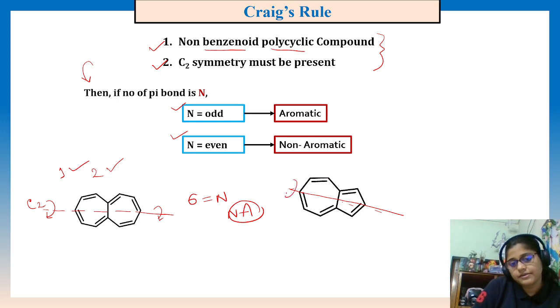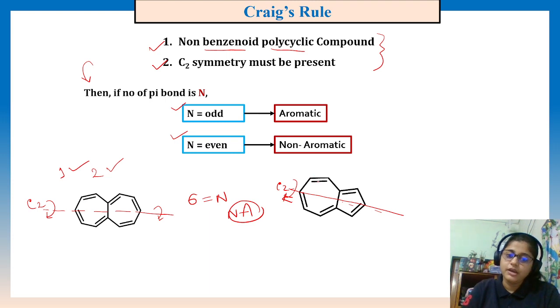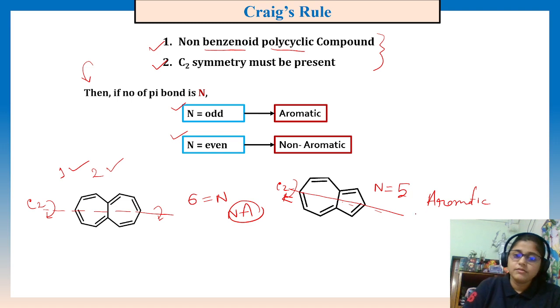If you rotate through this axis by 180 degrees, you will again get the same one. So two conditions are fulfilled. Now count the pi bonds: 1, 2, 3, 4, 5. n equal to 5. Odd, it will be aromatic.